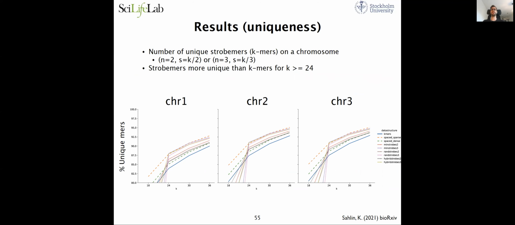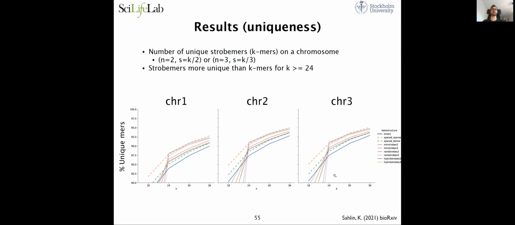So we looked at the number of unique k-mers, spaced k-mers, and strobemers that are extracted from the three largest human chromosomes. And we fix here the k-mer length for each of the protocols, naturally, because larger k-mers will produce more unique values.